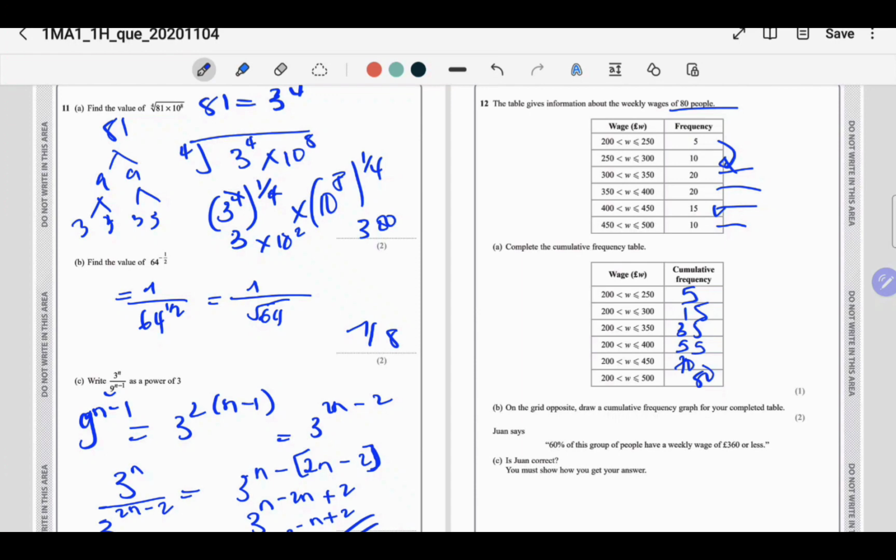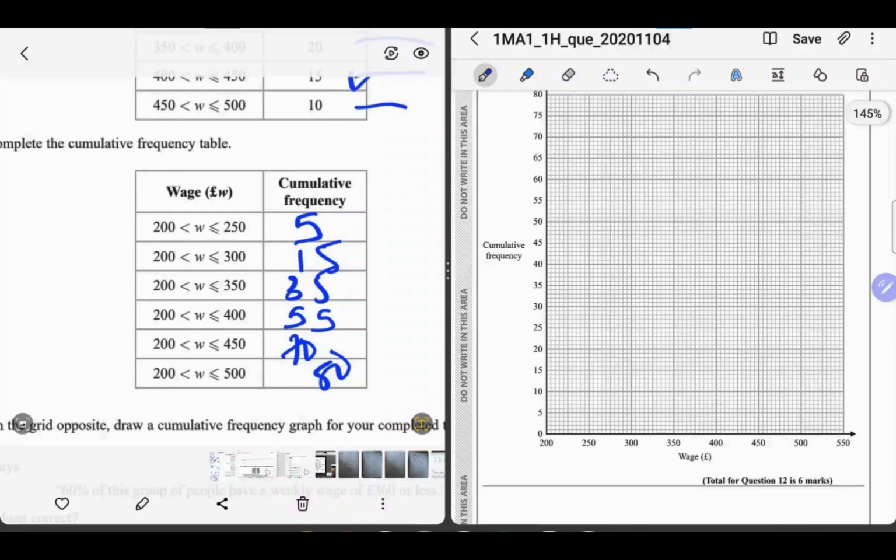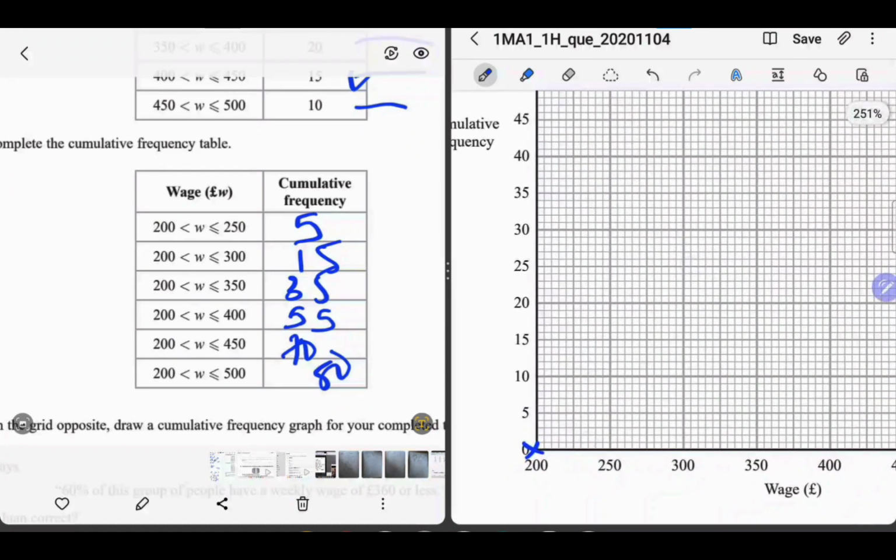Okay, then it says on the grid opposite, draw a cumulative frequency graph for your table. So it starts from 200 to 250. So 200 is the base value, means this is where the graph would start. So you're gonna put an X over here. Then we have 250 matching 5, so the upper bound. 300 matching onto 15, right over here.